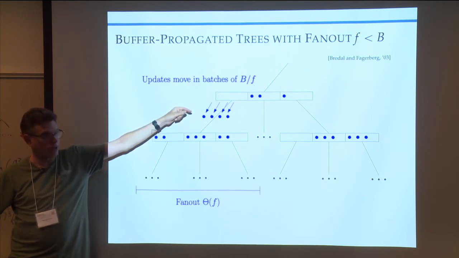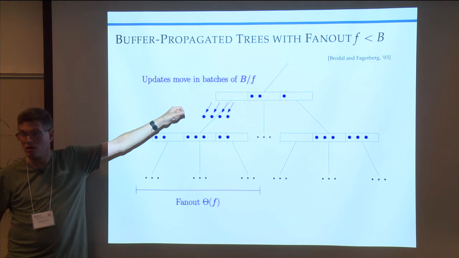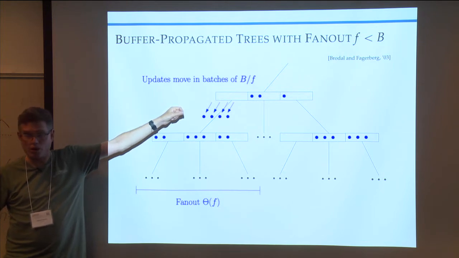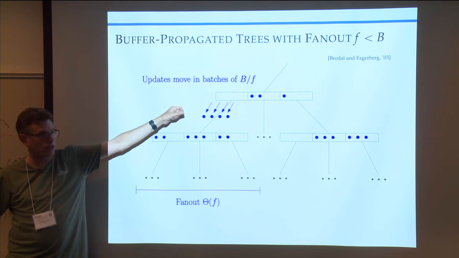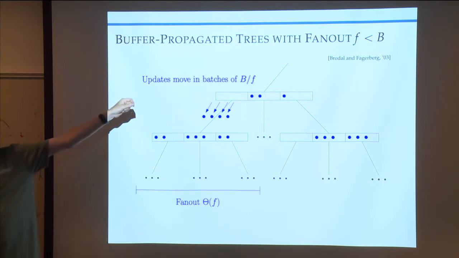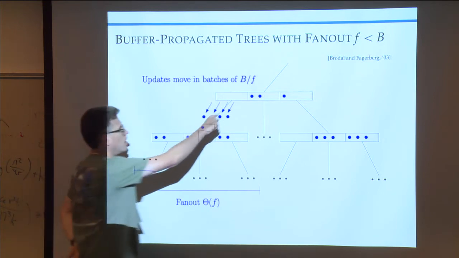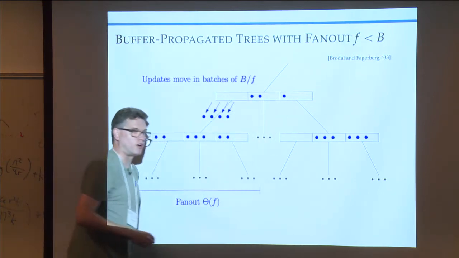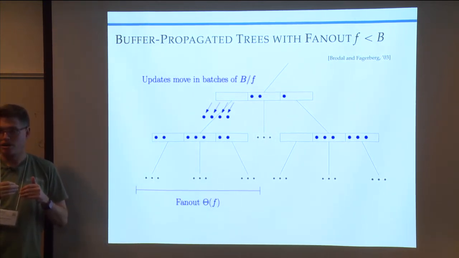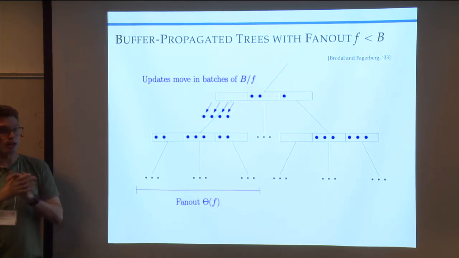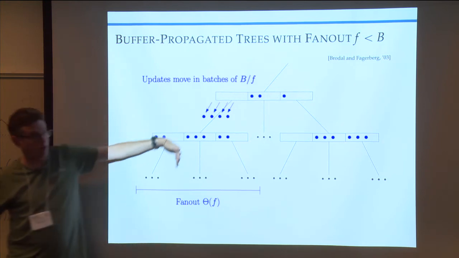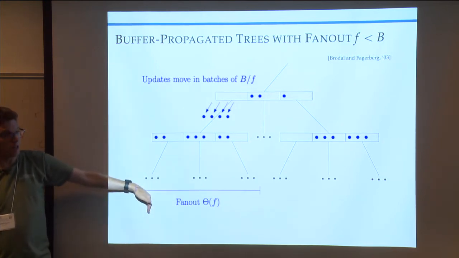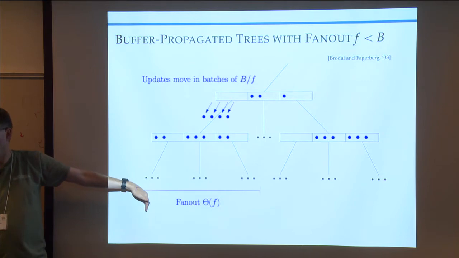But in the external memory model, we're not interested in CPU operations. We're just interested in I/O operations and block transfers. It costs 1 to read in an entire one of these nodes from disk, read through it, and write it out. So to search for an element, you need to search in all the buffers on the way to a target leaf, but that just costs 1 per level.